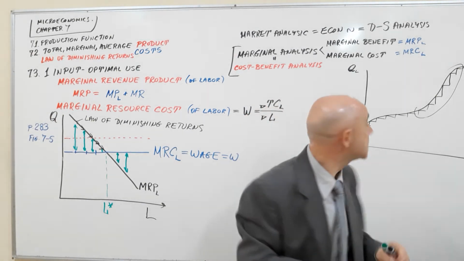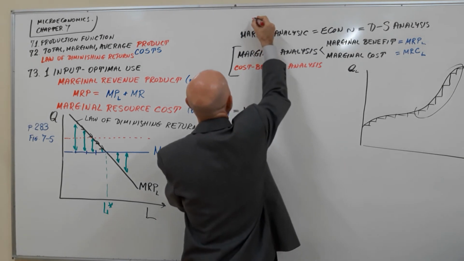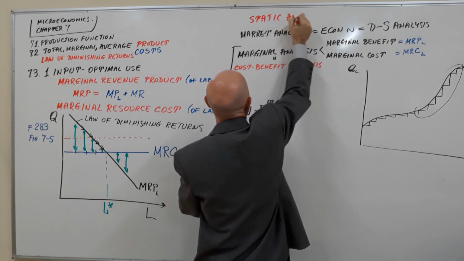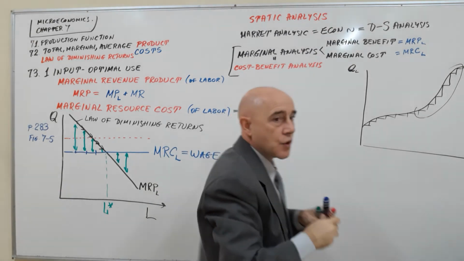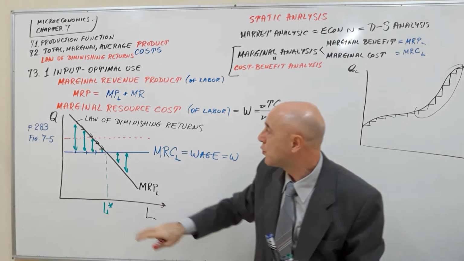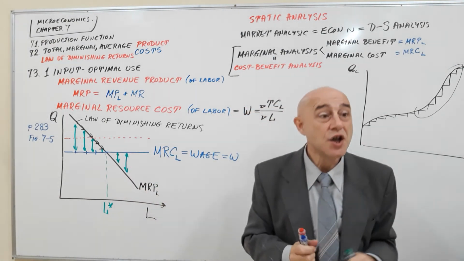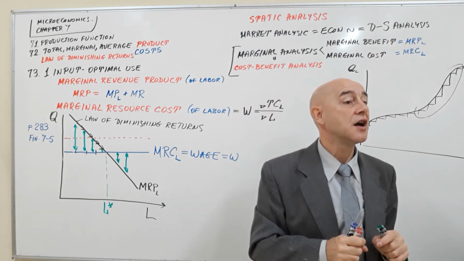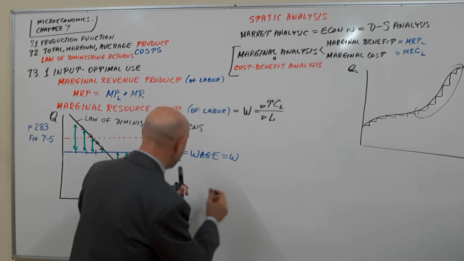Now we call this comparative static analysis. One variable changes, all the other variables remain the same. Now the question is this: if the wage increases, what will happen to the optimal quantity of labor? So I will write the relationship as follows.